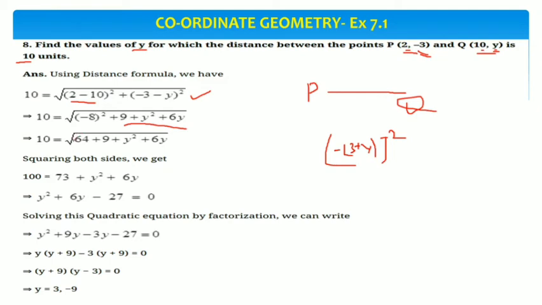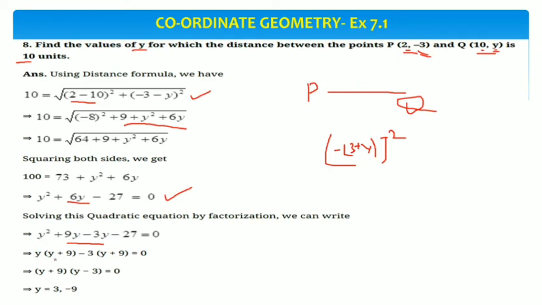Now to remove this square root sign, we will do the squaring of both sides. It will become 10. 64 plus 9, 73, y square plus 6y. And upon solving, you will get a quadratic equation. Now this quadratic equation can be factorized by using splitting the middle term. So our middle term factors will be 9y and minus 3y. And you will take y common here in the first two.